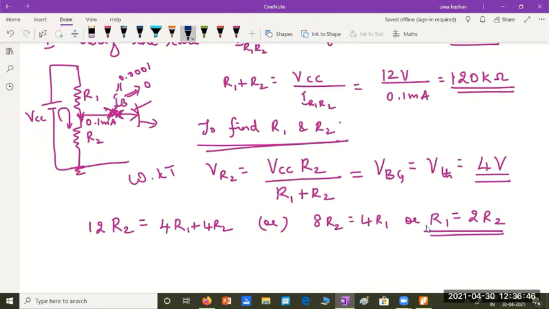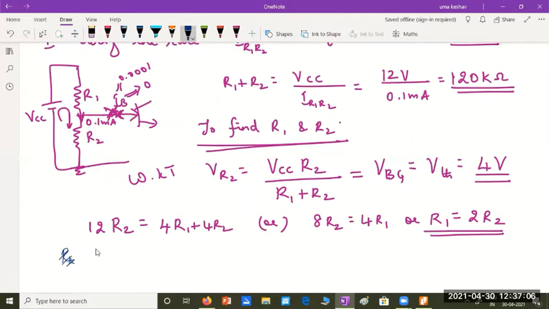So now, since again there are two unknowns, there are two options. You know one more relation for R1, R2. What is that? R Thevenin we know, but we don't know what is the value of the Thevenin's resistance.